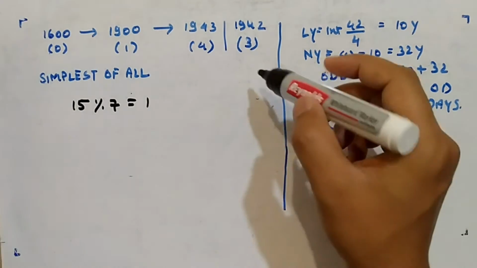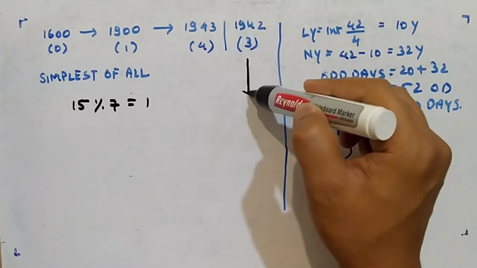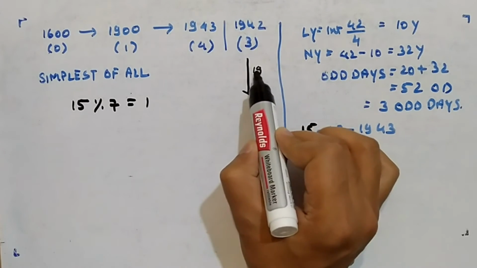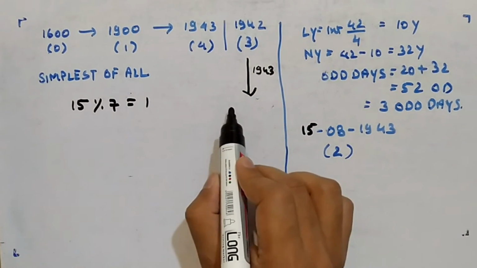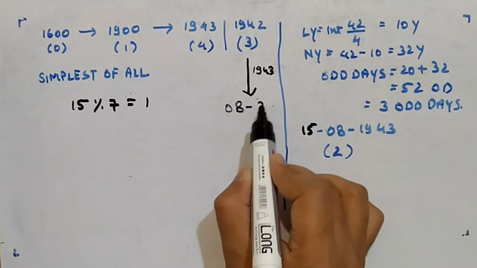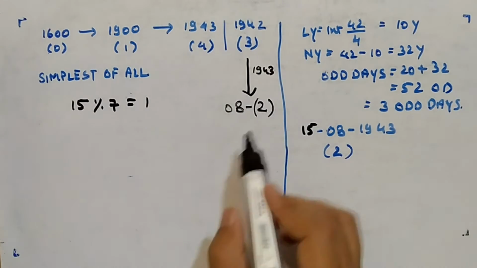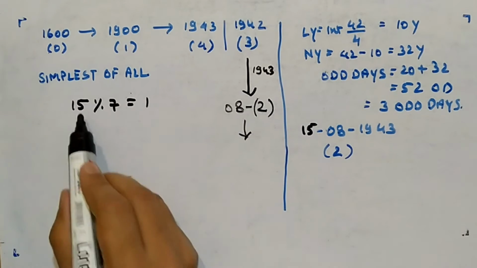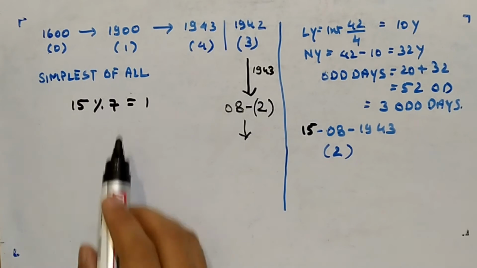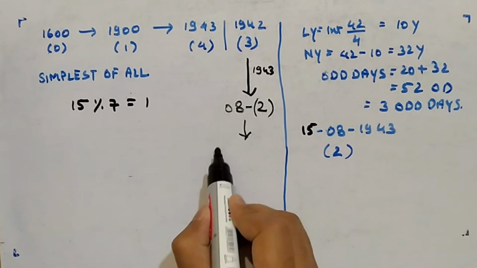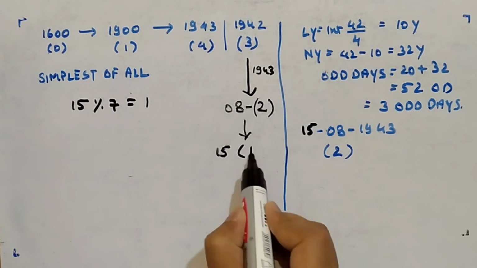So what you have done is, from 42 you calculated for 1943, you calculated for 7 months, and you came up with 2 odd days for August. From August you went to the date. For the date you divided by 7 and calculated the remainder. So till the 15th you have 1 odd day.